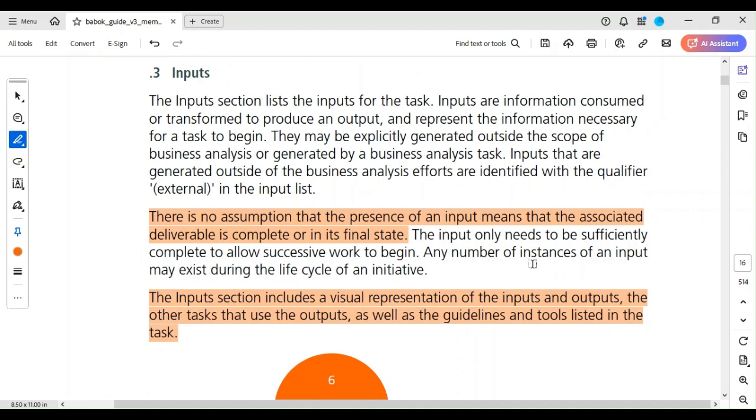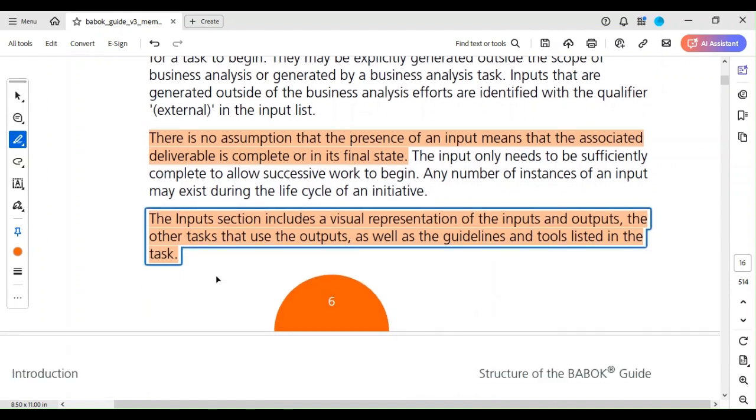Any number of instances of an input may exist during the life cycle of an initiative, telling you that you can have different life cycles of an input. Yeah. So let's move on.